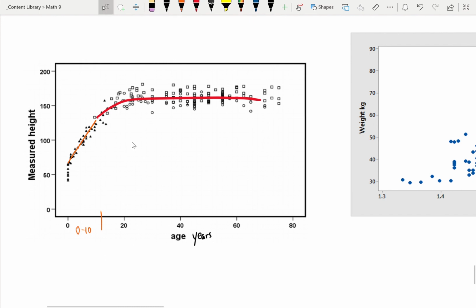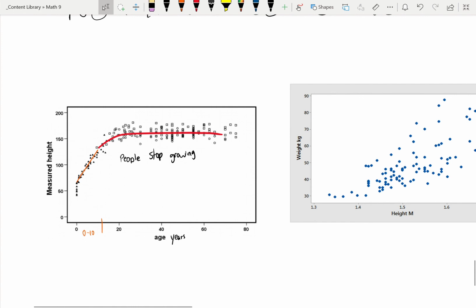And the reason is people stop growing. All of these dots are people at different ages, but we can see that the trend of growing doesn't continue indefinitely. Otherwise, if this was to be a pure linear relationship, I would expect the line to be going up and up and up, and someone who is 40 would be much taller than someone who is 20.